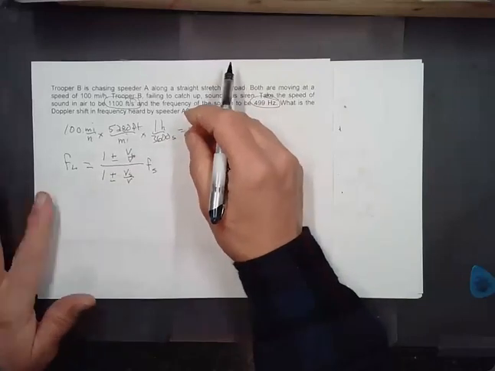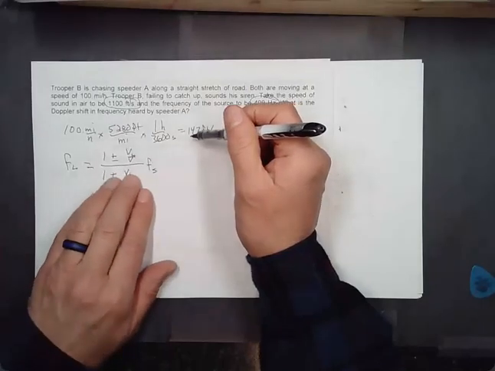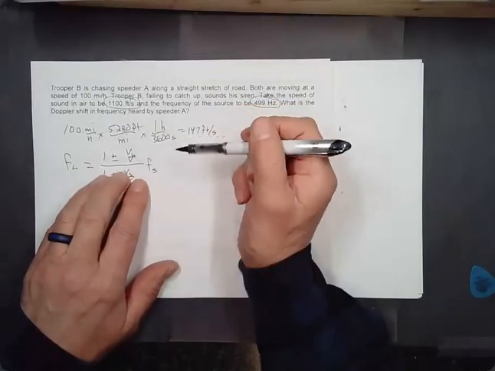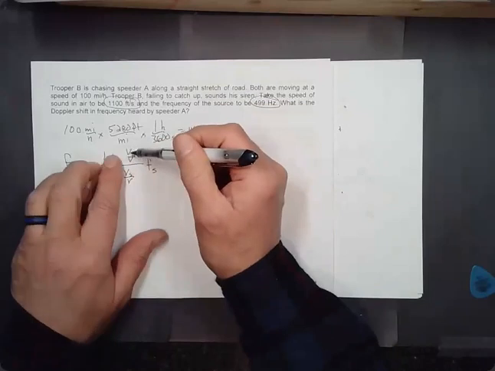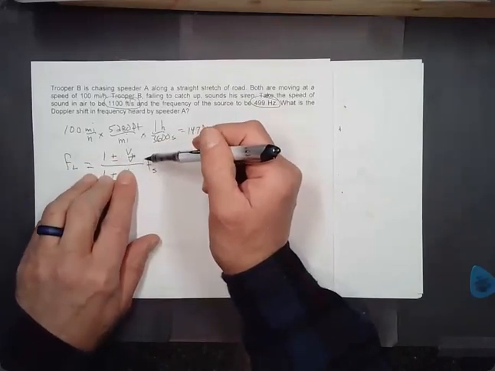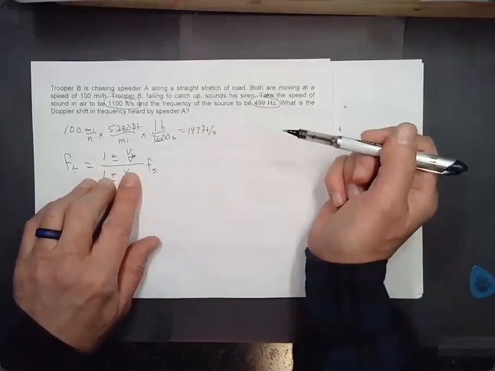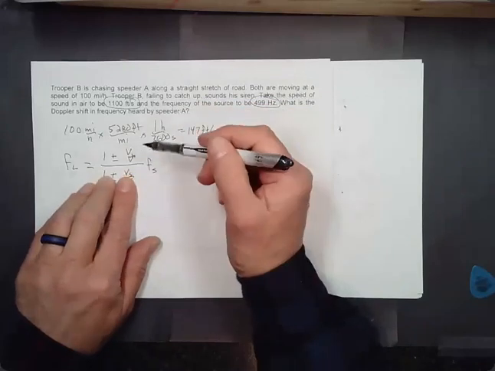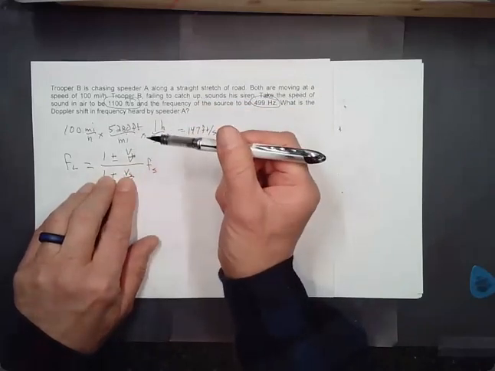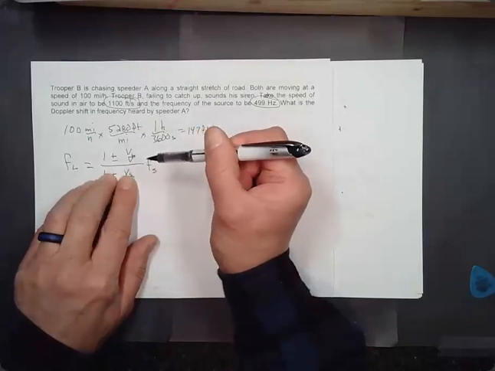Okay, here's what I do for determining the sign on top. I imagine the listener is moving to the right, the source is to the left. Would the listener hear a higher frequency or a lower frequency?